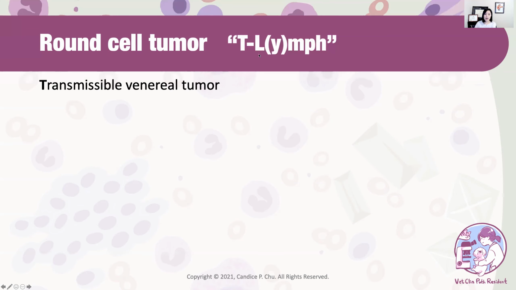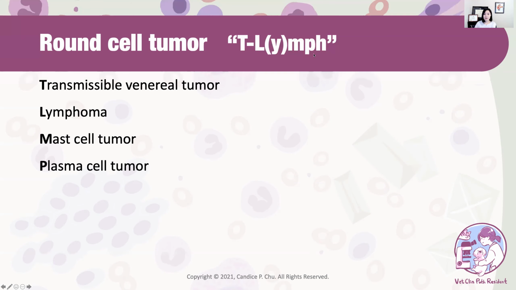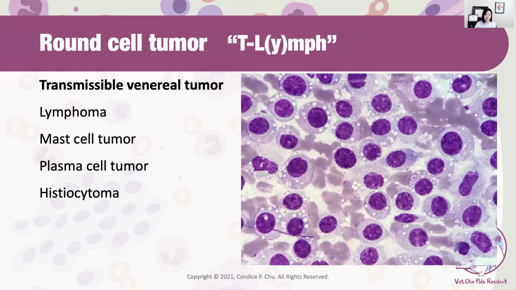When you talk about L, then you would think about lymphoma. M would be mast cell tumor. P would be plasma cell tumor. H would be histiocytoma. So then for each type of round cell tumor, I'm going to talk about 1 or 2 morphologic features that you can memorize for each of them.